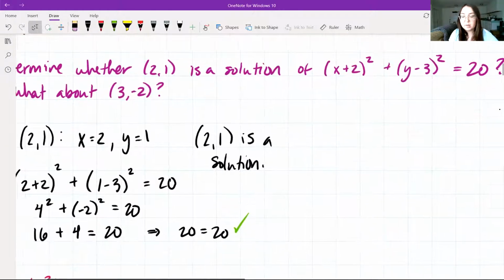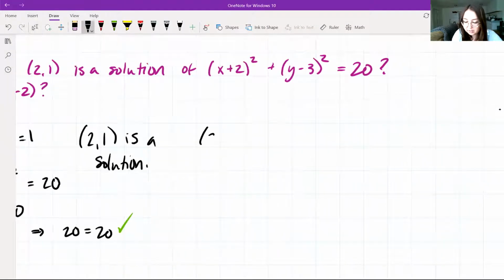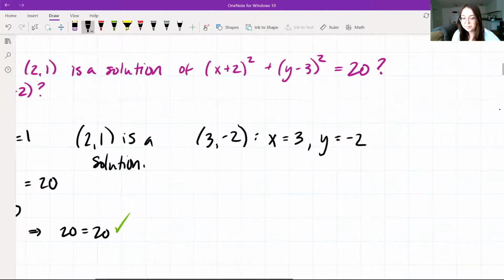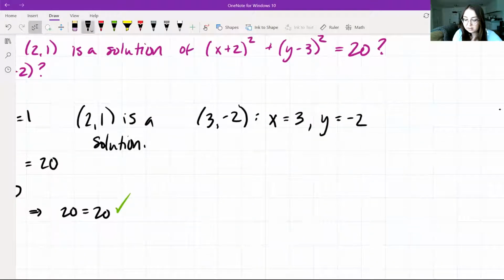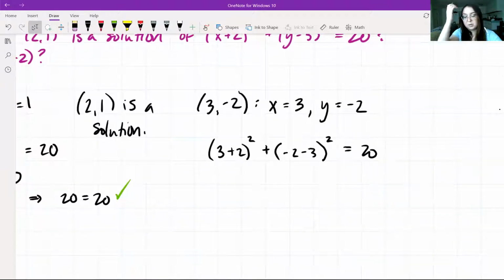Now we also want to check (3, -2). So we're going to do the same thing as we did before. So if we have (3, -2), we know that this means that x is equal to 3 and y is going to be equal to -2. And we're going to do the exact same thing as we did before. So we're going to take (3 + 2)^2 plus (-2 - 3)^2, and we're going to set that equal to 20. And now we just need to compute.